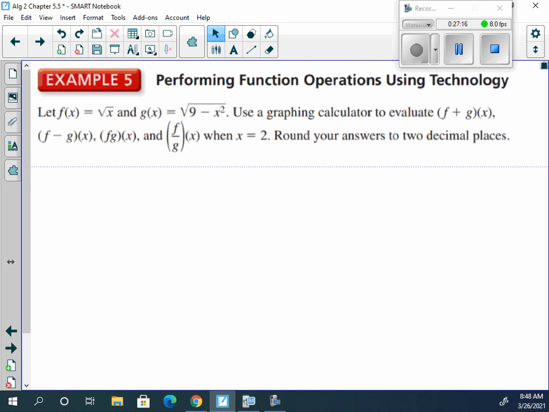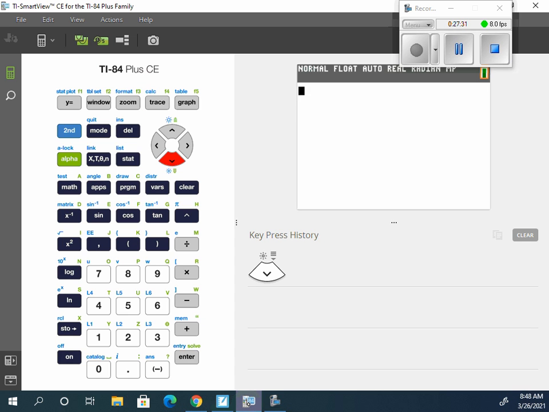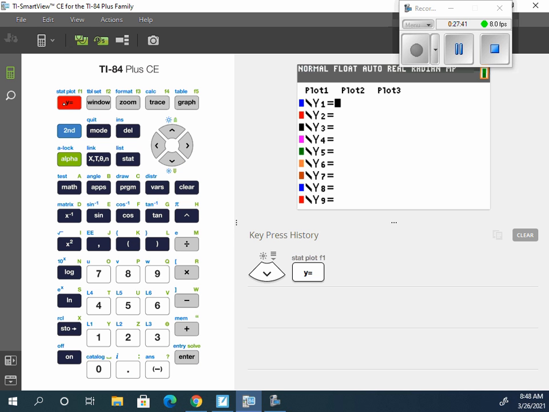Okay, performing these functions in a graphing calculator. So to do this here, you're going to need the graphing calculator. I have one right here. The first thing we're going to need is the y equals.